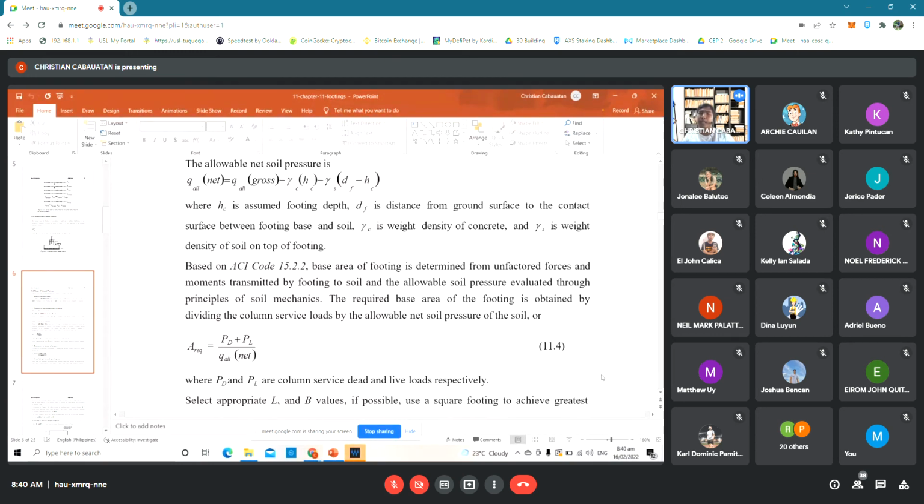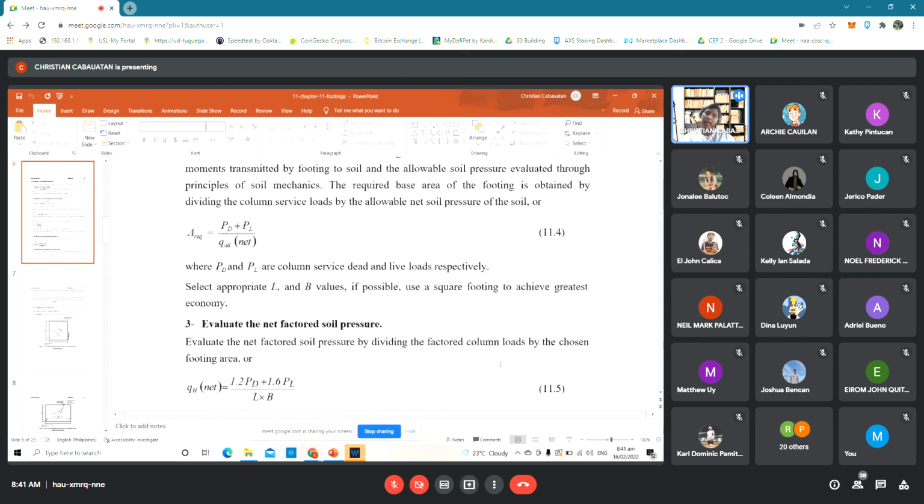Sometimes you would use factors of 1.4, 1.6, 1.1, and 1.7. You will understand that; I think it was applied in the design. Laging nilalagay yan sa design, malimit lang sa geotech. For L and B values, it is possible to use a square footing. It is faster to use a square footing to achieve greatest economy.